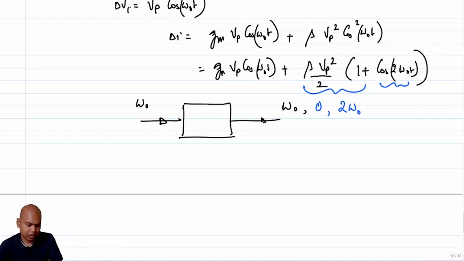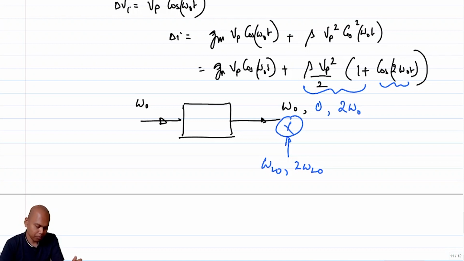baseband, right? So essentially, if I have a mixer which also has ωLO and 2ωLO, right, it will have all other components as well, but I am just making a simplifying assumption. Then you do a low pass filter.